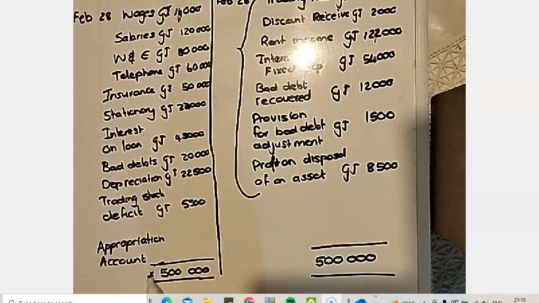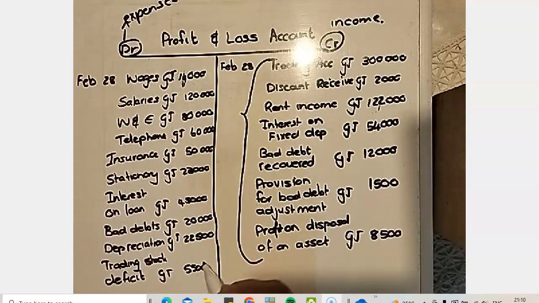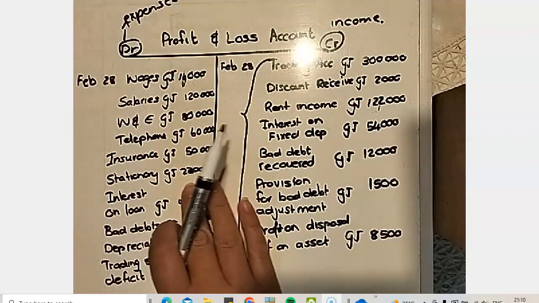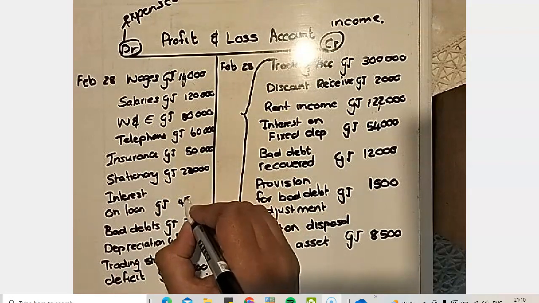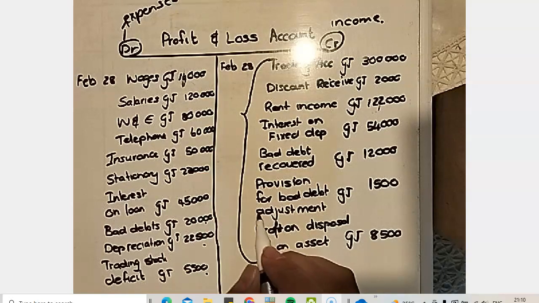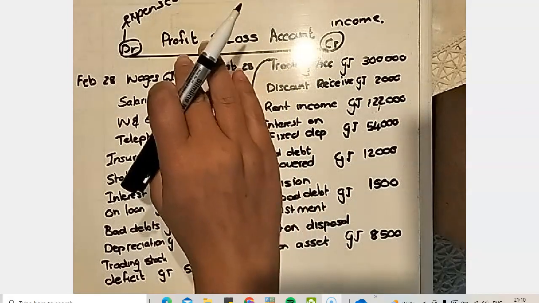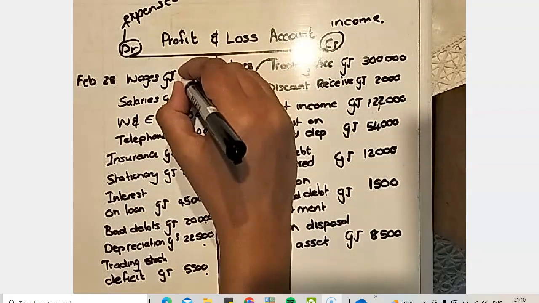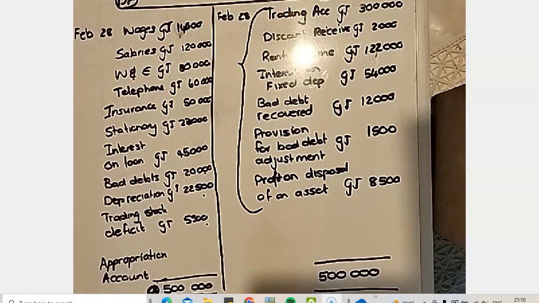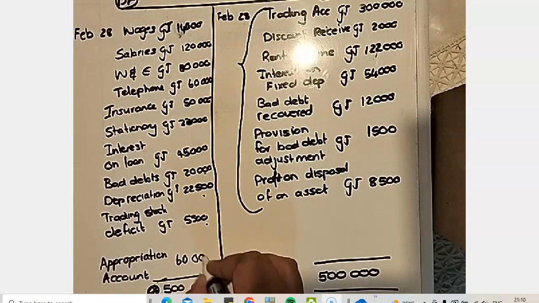Now you take your 500,000 and you minus 5,500, minus 22,500, minus 20,000, minus 45,000, minus 23,000, minus your 50,000, minus your 60,000, 80,000, 120,000, and then your 14,000 you need to subtract. When you did that, your balance left over in your calculator will be 60,000. Then 60,000 will be moved to your appropriation account. We're going to do the appropriation account just now.